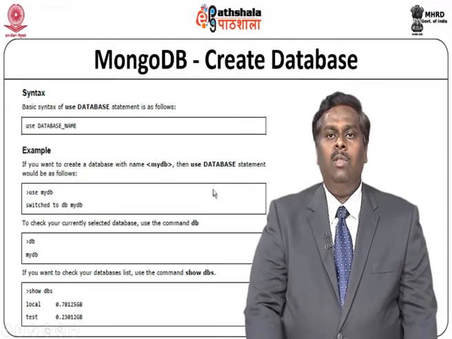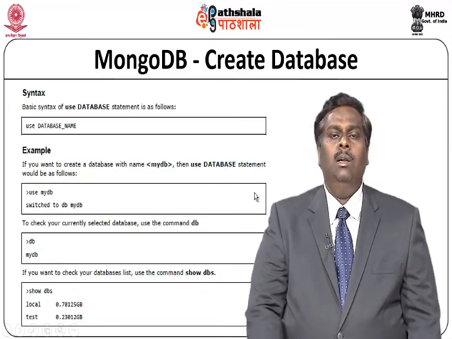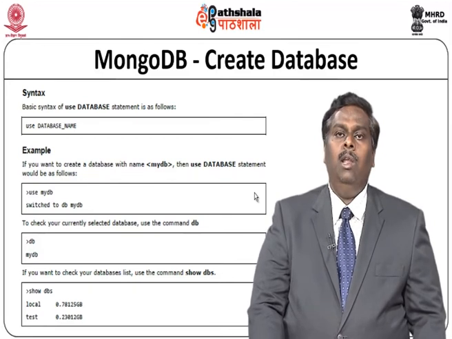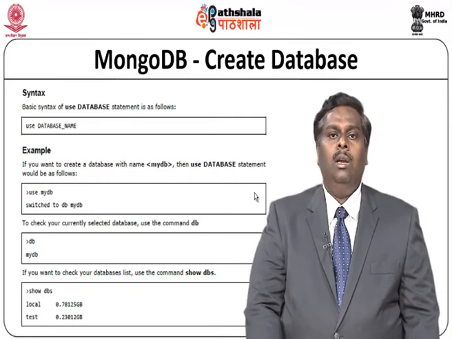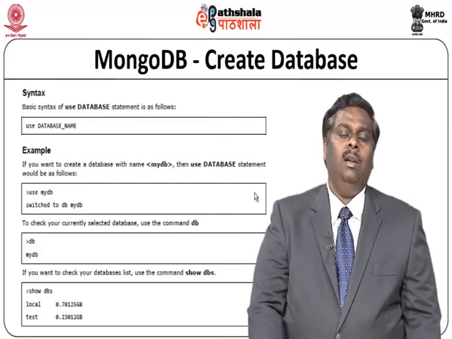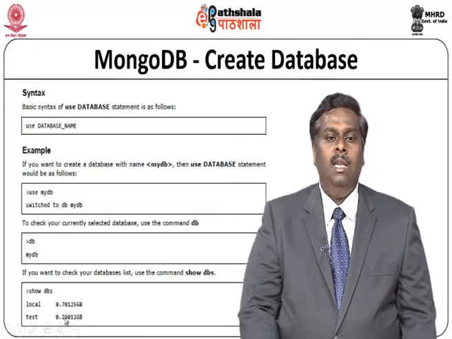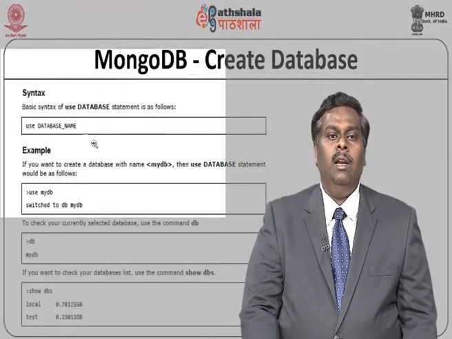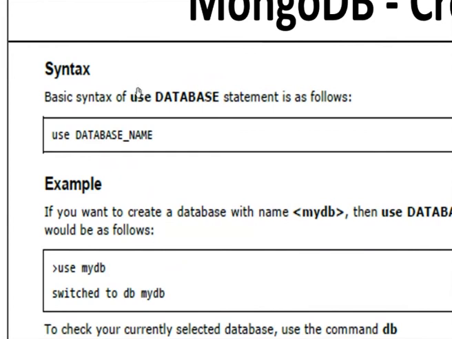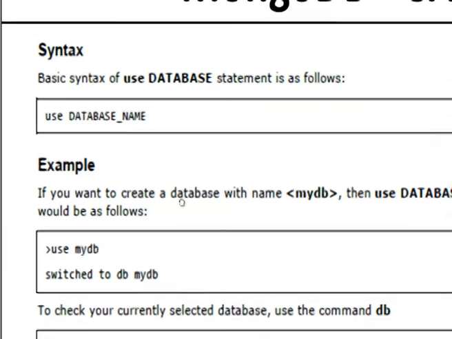The rest of the slides will be dedicated towards fundamental MongoDB queries used for creating databases, updating the databases, etc. The basic syntax for creating a database is the use database statement. Use space database_name, where the name indicates the name of the database which you have created.